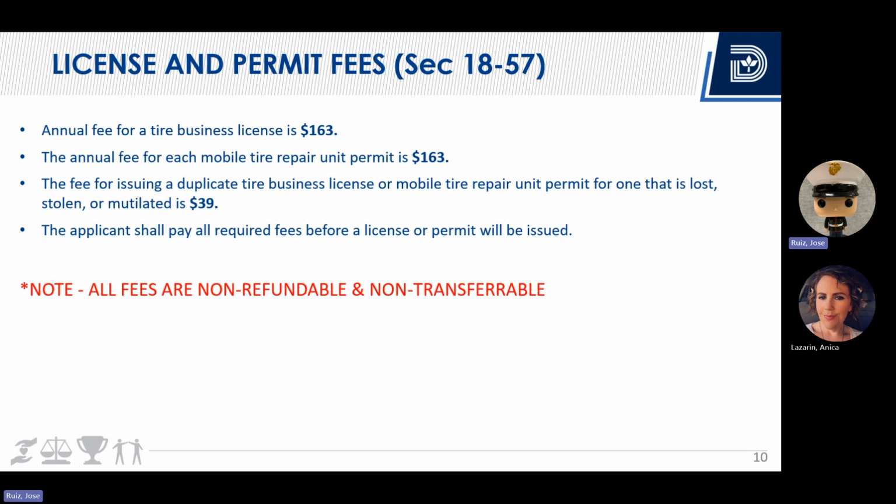If I submit that certificate of occupancy and it's not up to date and current, because Annika has nothing to do with the business anymore, but it still lists her as the owner, and we find out, we will deny that application and we will ask you to get your certificate of occupancy updated and reapply, thus paying an additional $163 for your new application. So I want to make sure you guys understand that as well. Make sure all your documentation is in order.